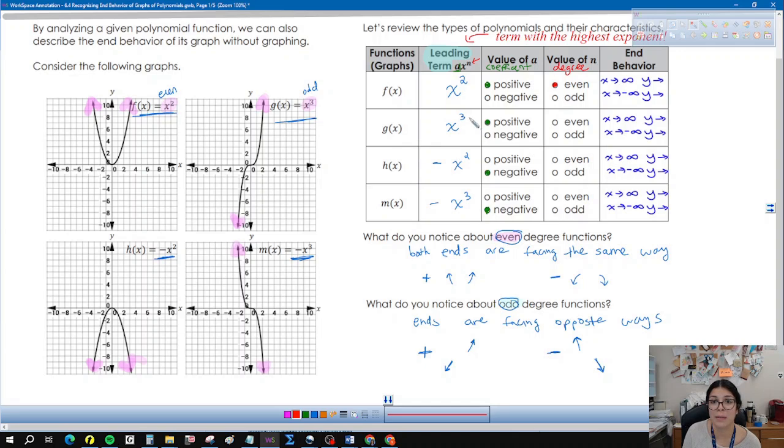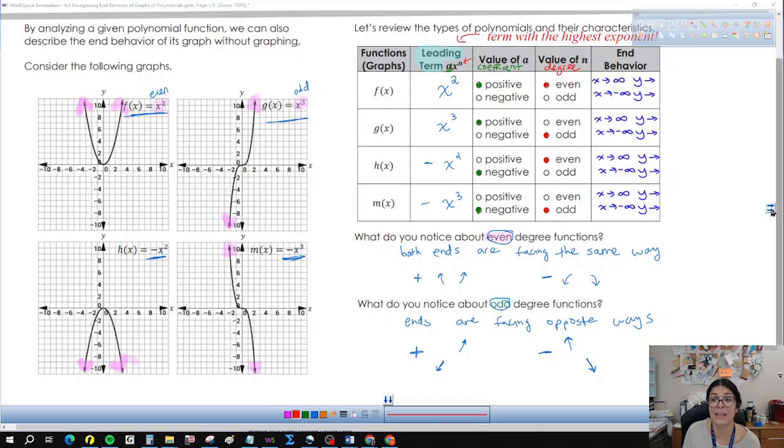For g of x, the degree is an odd power. H of x is an even power, and m of x is an odd power. What ends up happening, again, is if they are even, that one's the easiest because they're both facing the same way.